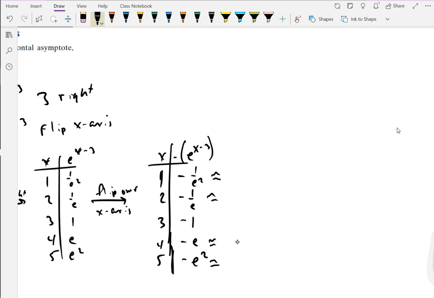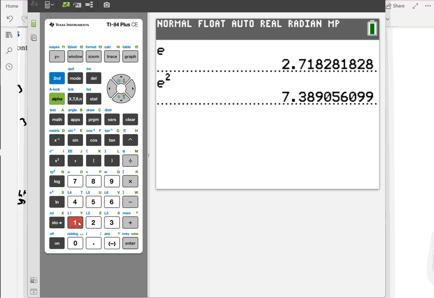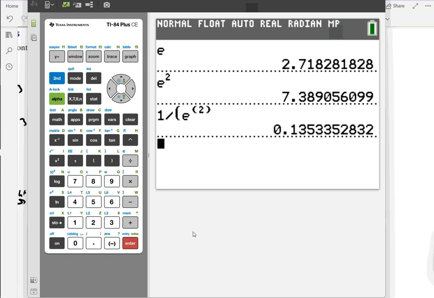Okay, and so let's see these. We know e is approximately 2.718, so let's call it negative 2.7, just roughly. And so now we're going to have to do some calculations here. So let's take a look at these. So I've got 1 over e squared, so I've got e to the second power. So that ends up being approximately, oh, and I wanted this to be negative also, so I just put the negative out front.